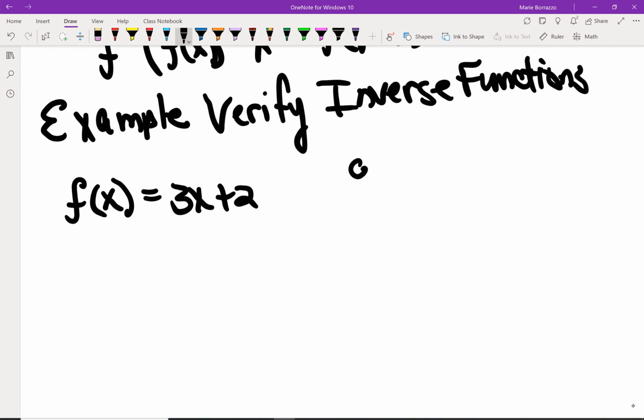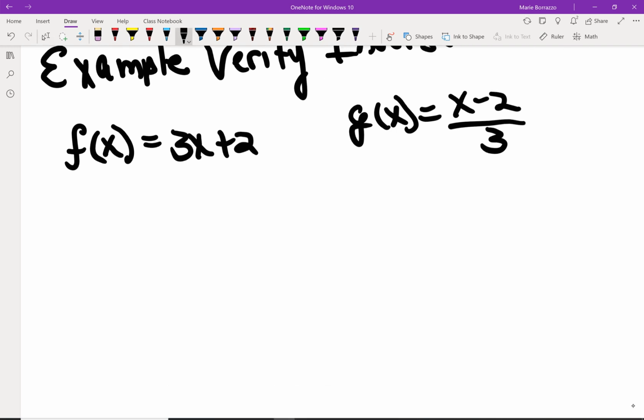And then they give us a second function, g of x, which is (x minus 2) over 3. They basically want us to show that each function is the inverse of the other. So the first step would be to do f of g of x.